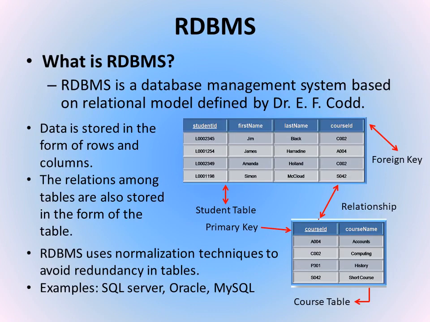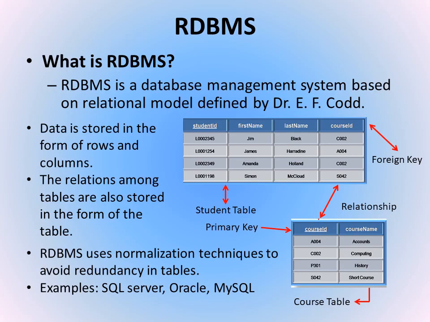What is RDBMS? RDBMS stands for Relational Database Management System. RDBMS is a database management system based on the relational model defined by E.F. Codd. We are going to look at E.F. Codd's model in the next topic.